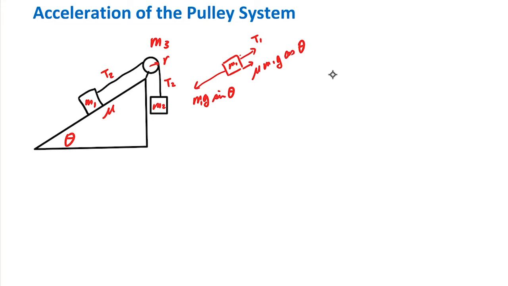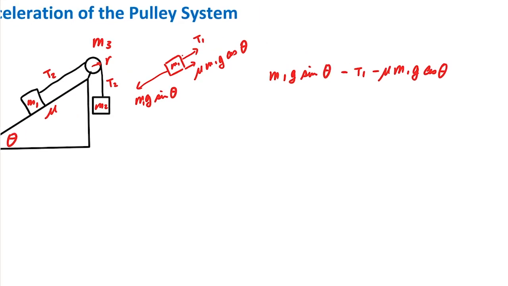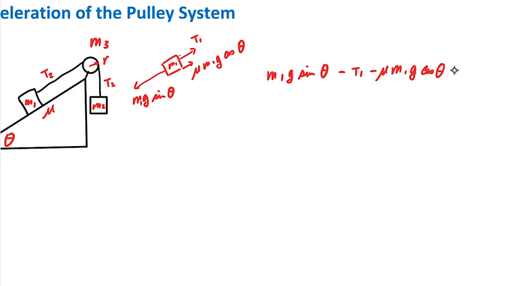So the equation is m1g sine theta minus T1 minus mu m1g cosine theta is equal to... No, what I'm saying? Is equal to m1a. Good? Because net force is equal to ma. Okay, I'm going to call that equation 1.